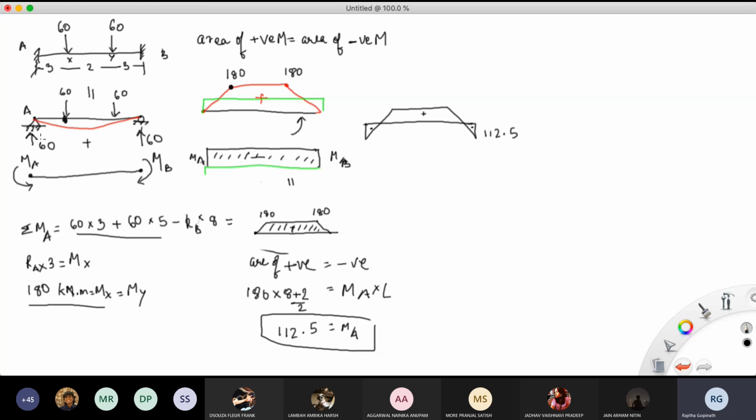So before we find out these things, we need to find out the reactions, right? Reactions क्योंकि यहाँ पे ऊपर 60 and 60 है, so the reactions are 60 here and 60 here, right? Correct? Okay. Now if we didn't know that, let's say 60 की जगह पे एक 180 है और एक 60 है, so we would have to use this equation because that is the way how we'll ultimately find out what is RB. So we know that, because it's a hinge joint, summation of all the moments at support A is going to be 0, right?